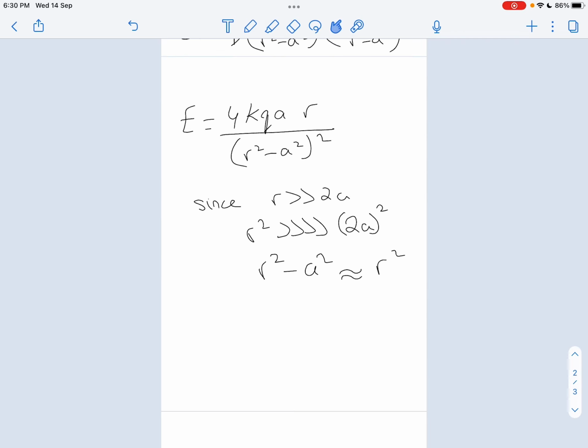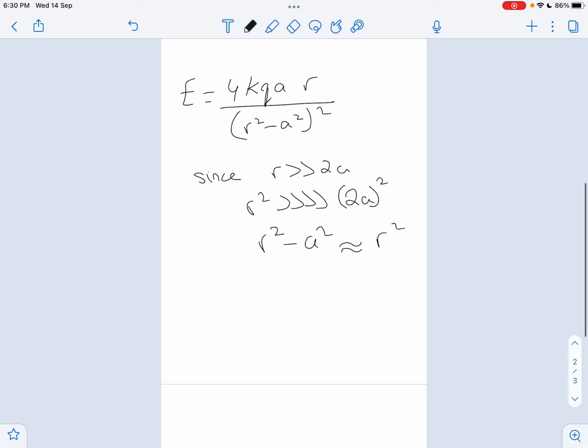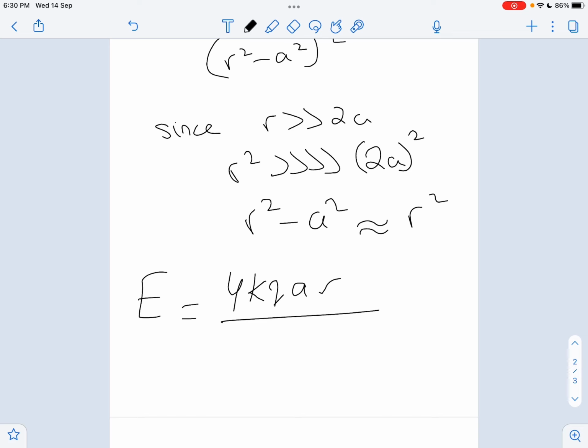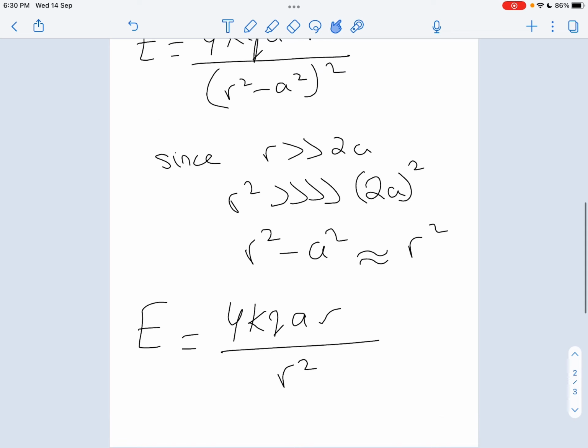So this means E, by estimation, becomes 4KQar. In the denominator, r squared minus a squared becomes r squared, and you already have this power 2. So r squared squared. So this one becomes 4KQar over r to the power 4.